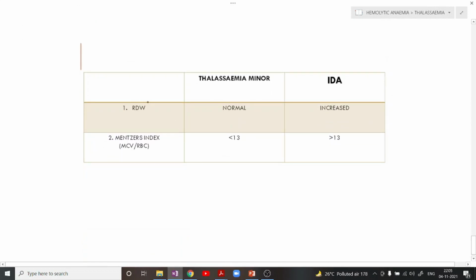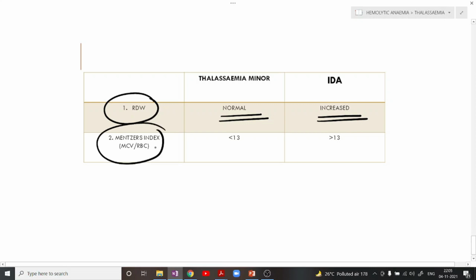For example, the RDW, that is the red cell distribution width, is normal in thalassemia minor, whereas it is increased in iron deficiency anemia. And there is another index called Mentzer's index, which is MCV divided by RBC. Mentzer's index is less than 13 in thalassemia minor, whereas it is more than 13 in case of iron deficiency anemia.